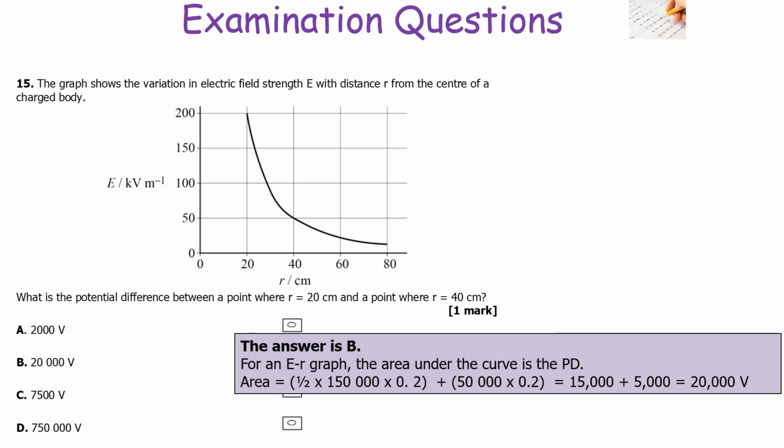So you can work it through by working out the area of the triangle between 20 and 40 and the rectangle between 20 and 40. But the trick you've got to remember is that the y-axis is kilovolts per meter, so you've got to convert those values, for example from 50 to 50,000 or from 150 to 150,000. So you work it through and you get 20,000 volts.